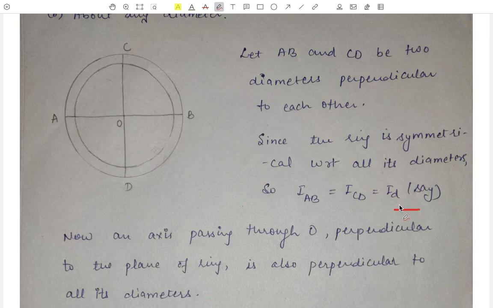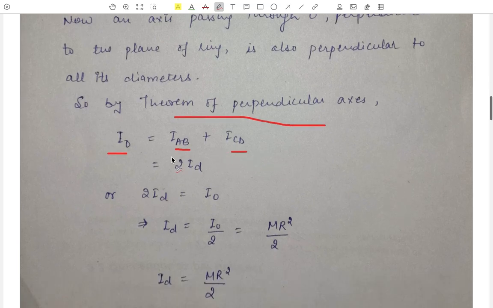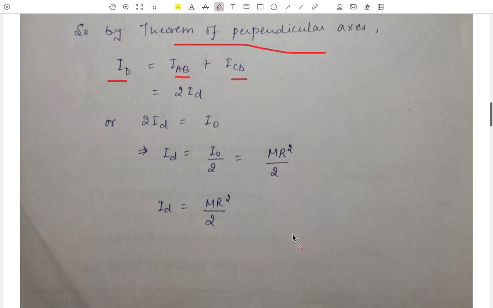Therefore, I_AB plus I_CD will be equal to 2 I_D, that is equal to I_O. That is, I_D is equal to I_O upon 2, and I_O is equal to MR squared. Therefore, the moment of inertia about any diameter of the ring is equal to MR squared upon 2. This is the required moment of inertia.